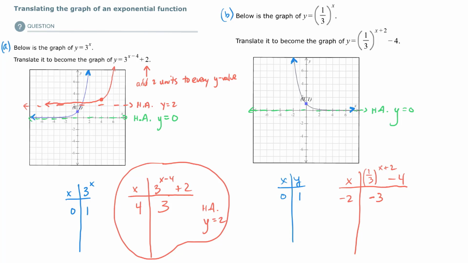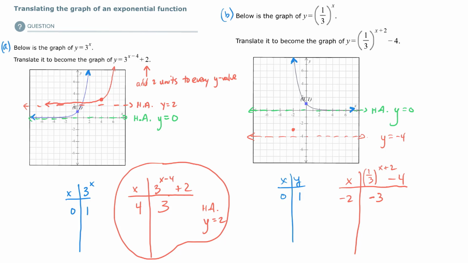So that means we need to move our horizontal asymptote. Our horizontal asymptote is down here. Make sure you label it on your own sheet of paper or graph paper. So y equals -4. Draw your horizontal asymptote first. Then draw your new ordered pair, which is -2, -3, right here.